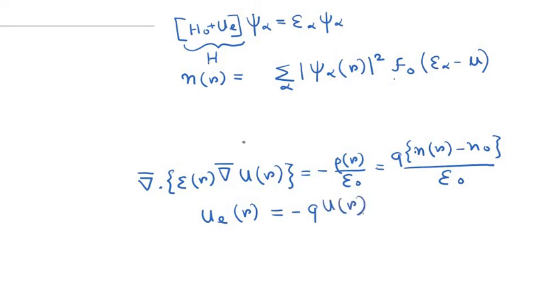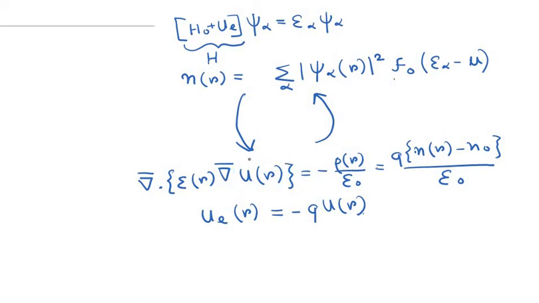Okay, so this needs to be solved in a self-consistent loop till convergence is achieved. We start with an initial guess of this potential, and the closer the guess is to the actual case, the closer is the convergence.